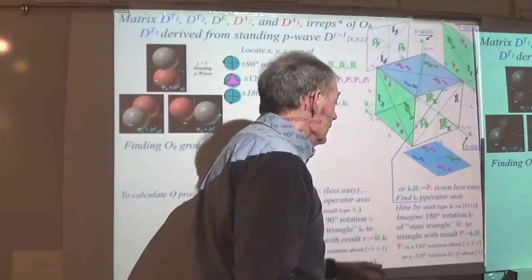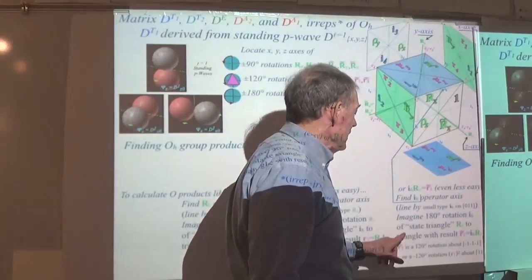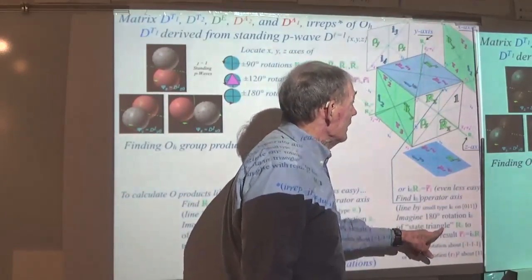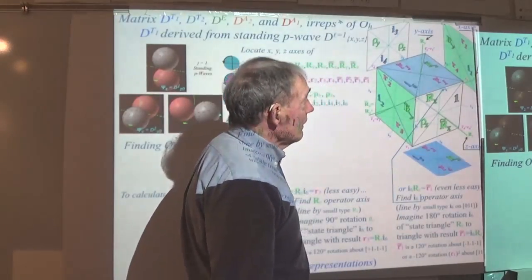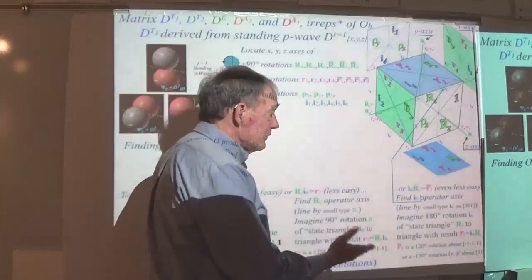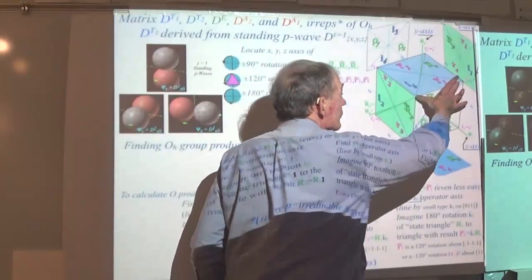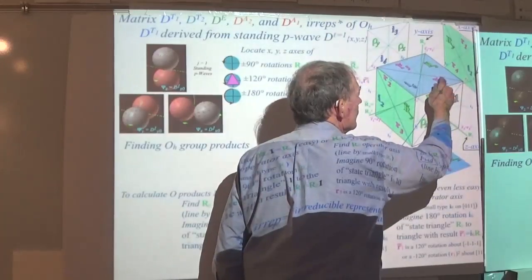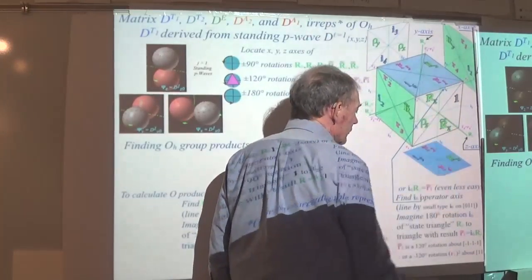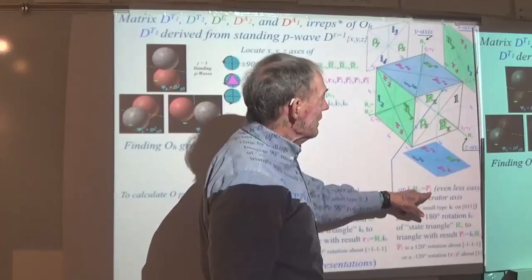So that's what that thing is. Imagine a 180 rotation of I6 of the state triangle for RZ, and that's the thing that's hard to see, that this is going to take you into R1. But when you just imagine spinning this little top there, and RZ lines is there, and this thing gets turned back to here, it's going to get you R tilde 1.